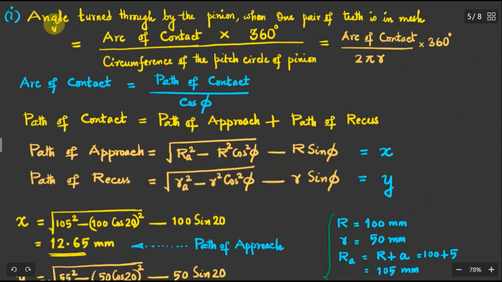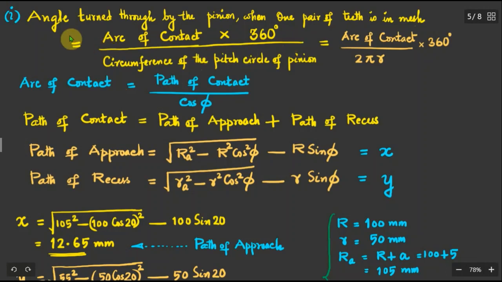How to get the angle turned through by the pinion when one pair of teeth is in mesh? The angle turned through by the pinion is equal to the arc of contact divided by the circumference of the pinion measured along the pitch circle, multiplied by 360.